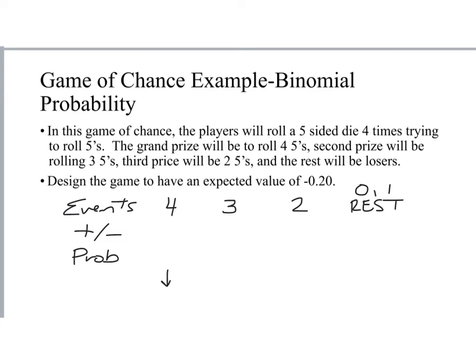I know the probability of rolling a 5 is 1 out of 5. And in this case, I would like 4 of those. Probability of not rolling a 5 is 4 out of 5. I want 0 of those.